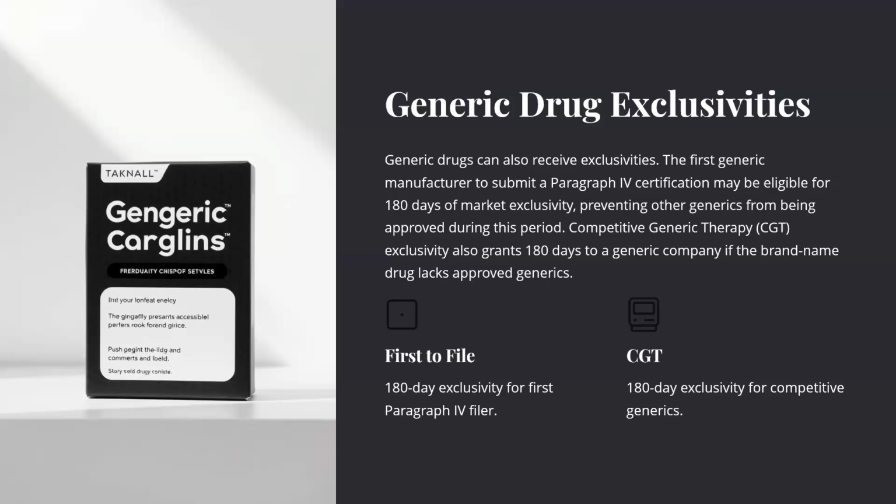Okay. So two things, first to file and CGT. If you are the first to file manufacturer, you get a 180-day exclusivity period. And if your brand name drug doesn't have any generics approved, then your generic company can get CGT also for 180 days. Right?